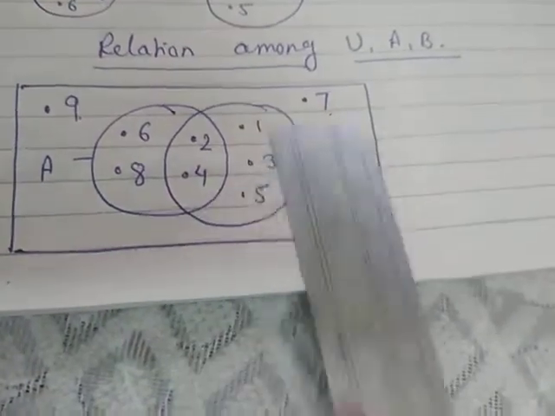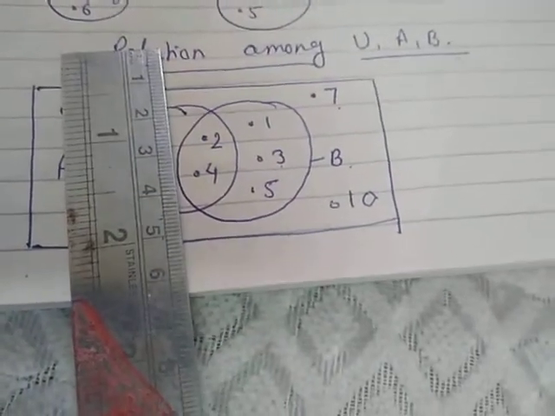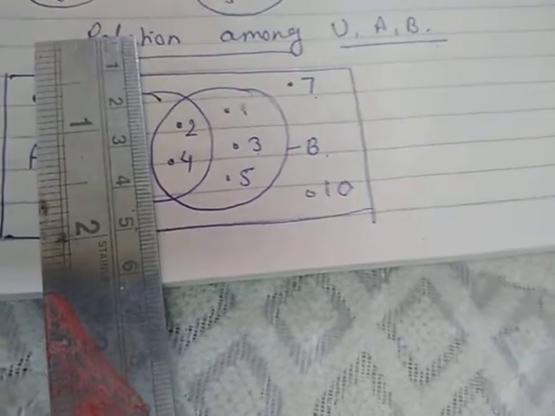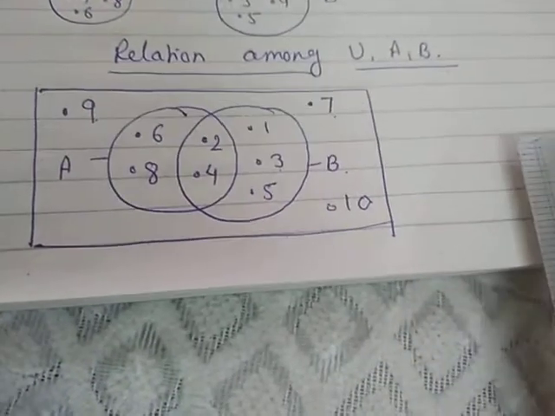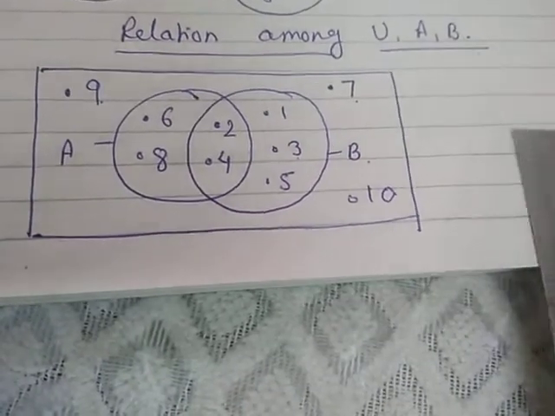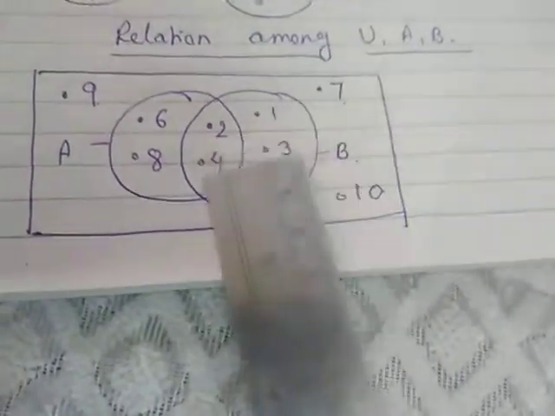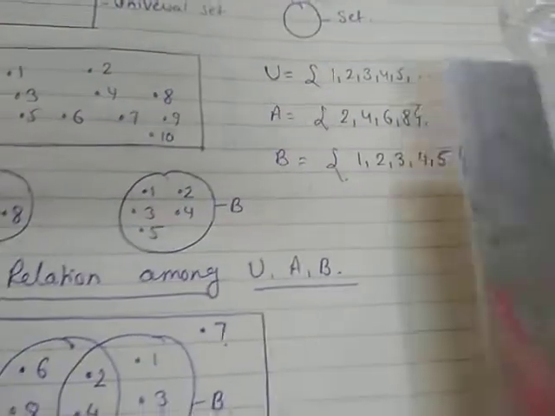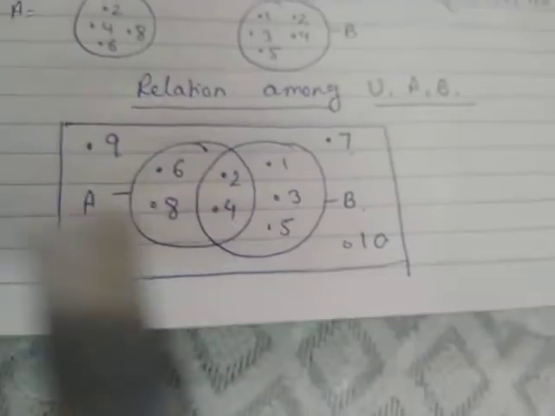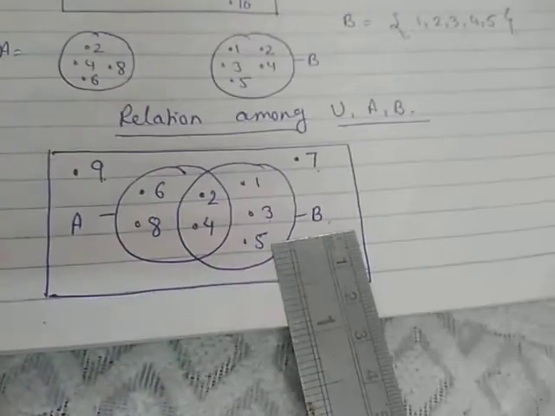And 1, 3, 5, 2, 4 are the elements present in B, because this is circle B. The whole is the universal set. That means the elements of the universal set are 1, 3, 5, 2, 4, 6, 8, 9, 7, 10. Okay, is it clear? Universal set, set A, set B. Here all the elements are placed. Okay, that's it.